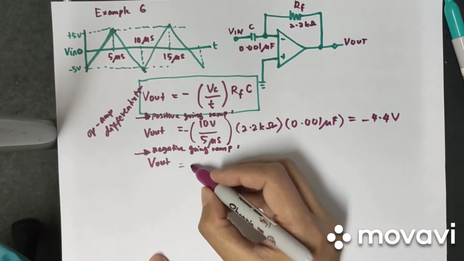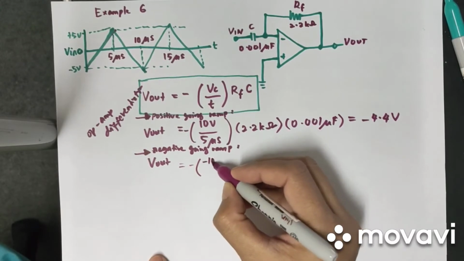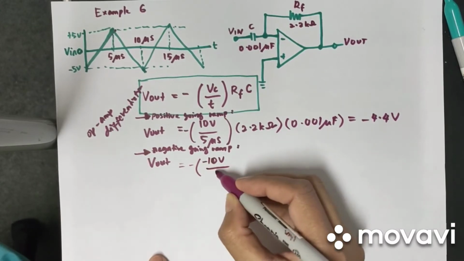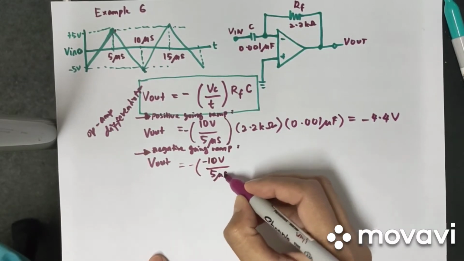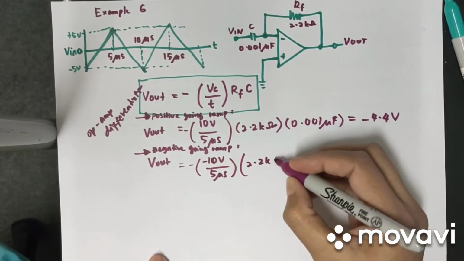Simply like this, negative 10 volts over 5 millisecond times the same value here.